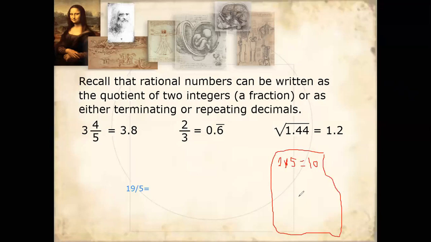So if the denominator has 2 or 5, we can multiply: if it's 2, we multiply by 5; if it's 5, we multiply by 2, and so on. 4 times 25 equals 100. 16 times 625 equals 10000.